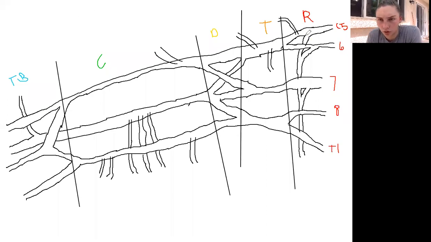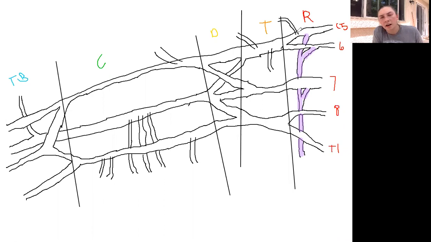First, we're going to start with the long thoracic nerve. The long thoracic nerve branches off of C5, C6, and C7, and then runs posteriorly behind C8 and T1. The long thoracic nerve supplies the serratus anterior, goes pretty low down into there.